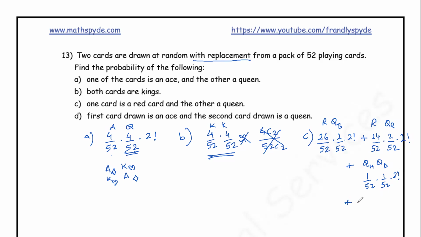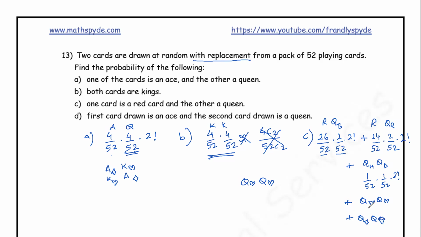And then remember, nowhere in this situation you worked out that the Queen of Hearts can also be picked up with Queen of Hearts, because it's 52 and 52, remember? So the same can be picked up. So you can have Queen of Hearts and Queen of Hearts, and plus you can have Queen of Diamonds and Queen of Diamonds. So that also can come up.